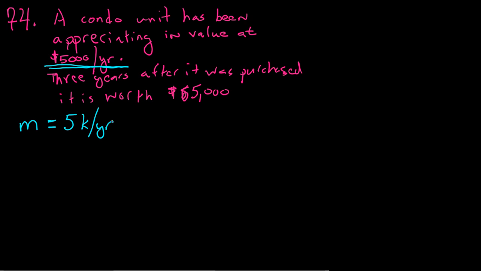You don't usually have to write the K. You just have to make a note that it's in thousands. This happens a lot when people talk about finances or things that are in really big numbers. Sometimes instead of doing scientific notation, they'll say, hey, let's just say that we're going to talk in the thousands. And I'm going to talk in the thousands here because that means I can say, hey, my slope is 5. 5,000 per year, but I'm talking in thousands. Hope you're okay with that.